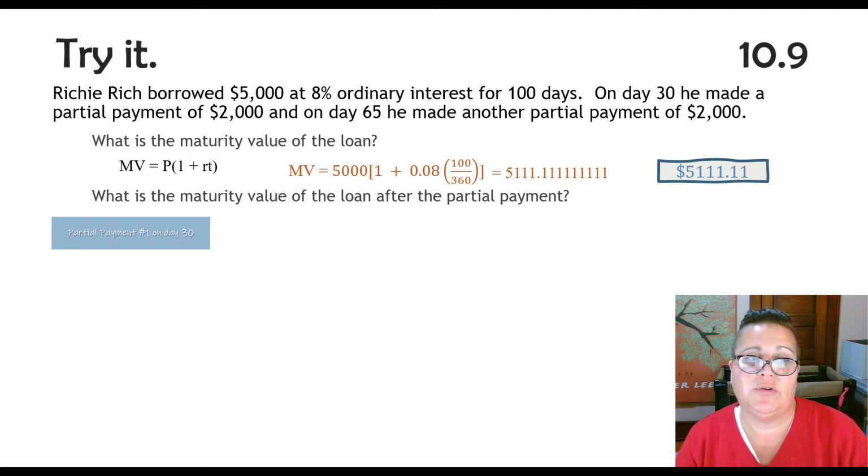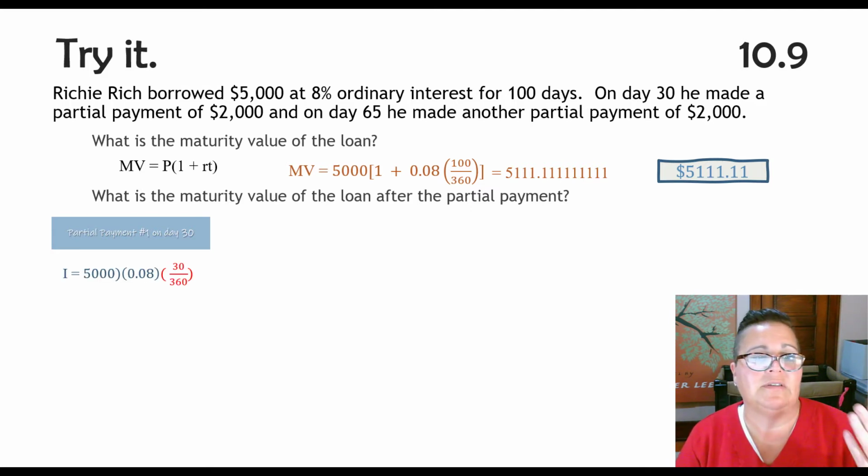During those first 30 days, they will accrue interest on $5,000 times the 0.08 times 30 out of 360. Turns out this is $33.33. That interest will be subtracted from the payment of $2,000 because the bank is going to take their interest first.